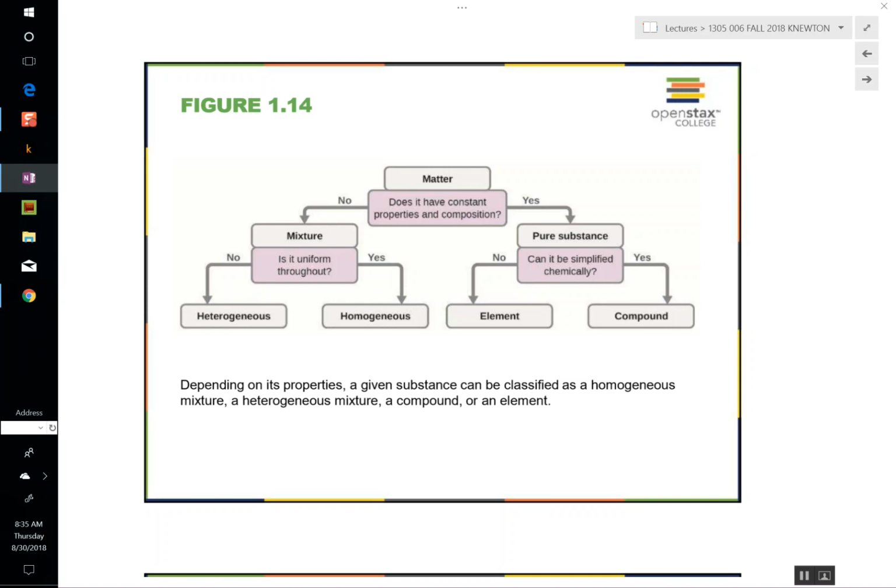Mixtures. The example I like to use is Kellogg's Raisin Bran. Okay? Raisin Bran is a mixture of bran flakes and raisins. They'll have a little qualifier on the box. They'll say settling might have occurred during shipment.